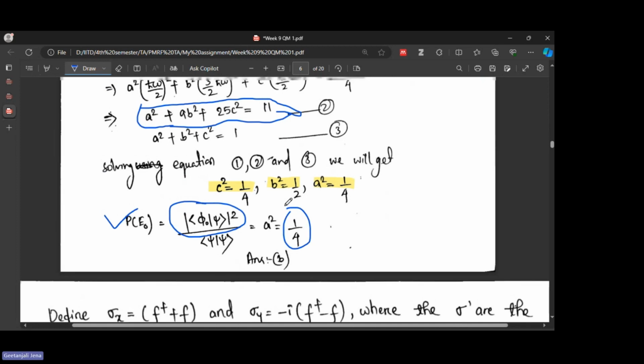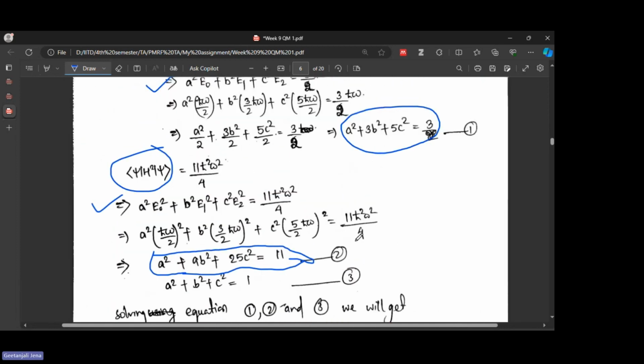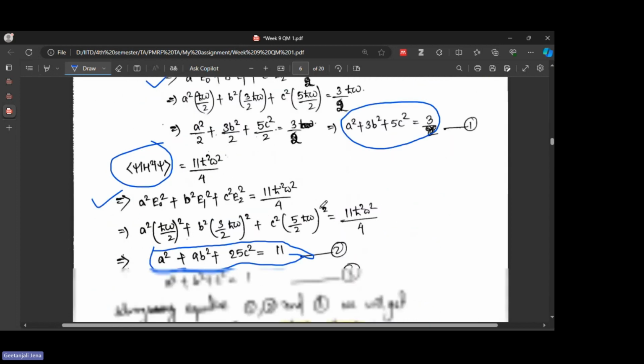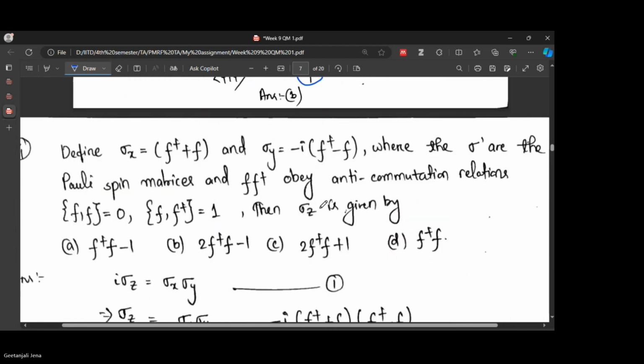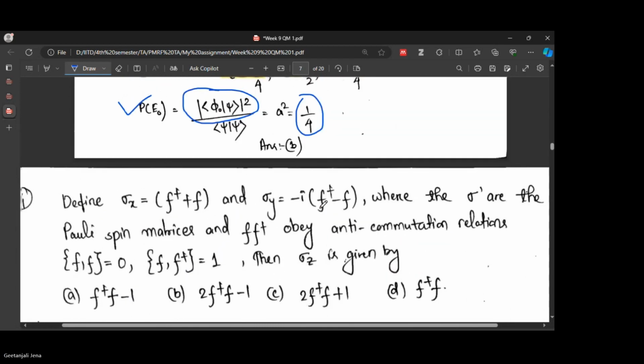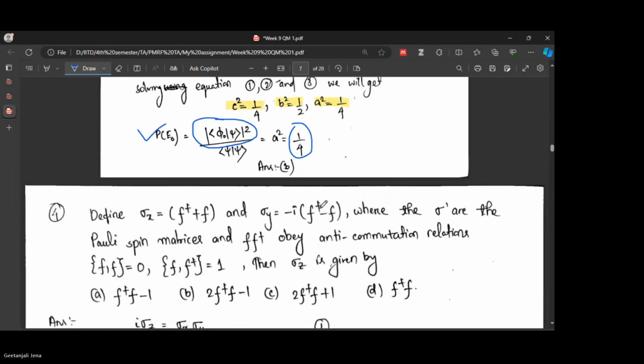This is how you can calculate the probability. So the answer is B, 1 by 4. So let us move to the next problem.